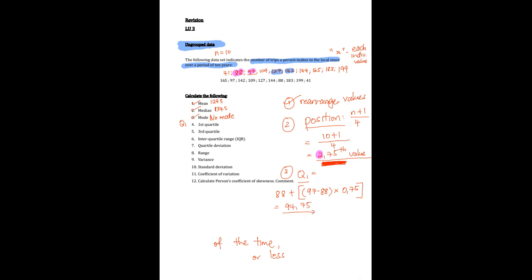And now to interpret it, Q1 is representing the lower or the first 25% of your data set. So you're going to say 25% of the time, or you can say a quarter of the time in place of that.